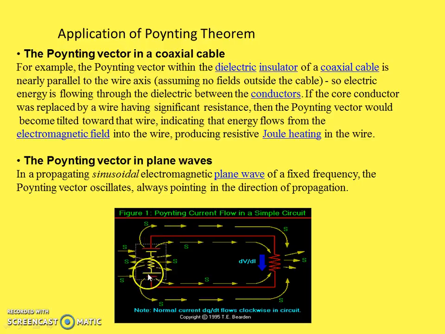If there is a capacitor and some resistance, then due to displacement current the charge flows from one end to another, so the current is obtained, and it is given by the Poynting vector in a plane wave. This is for the propagation of a sinusoidal electromagnetic plane wave at a fixed frequency.